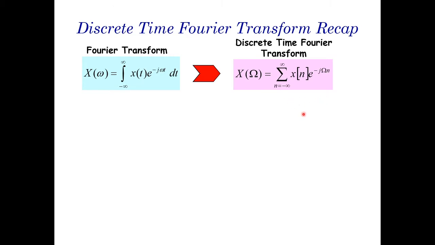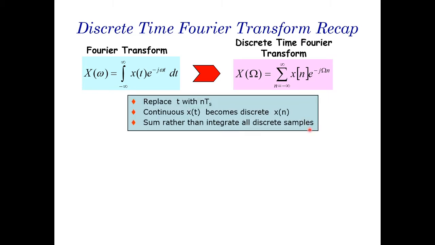What we observed was that we were able to replace the continuous time t with discretized time nT_s, where T_s is our sample time. And instead of the integral form, we now have a summation over the discrete samples instead.